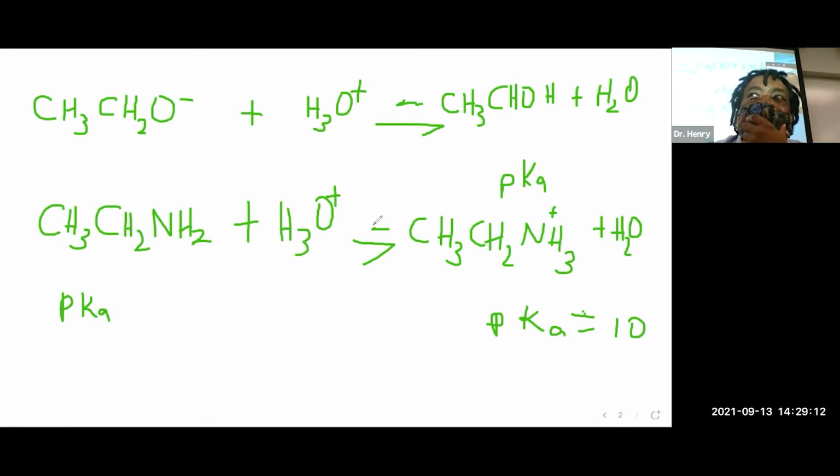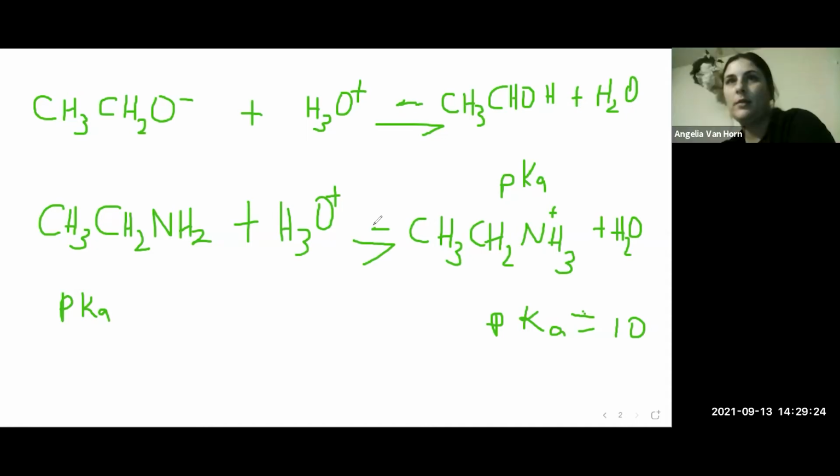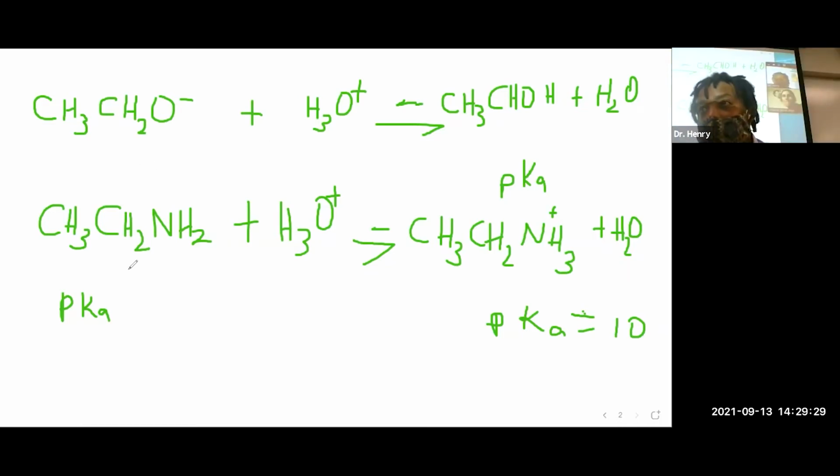So this conjugate acid, is that going to be a weak acid or a strong acid? Because it has a pKa of 10. It's a weak acid. But we know that this guy is even weaker, right? So that's what you're basing everything on. Okay, we'll get to this in a second.